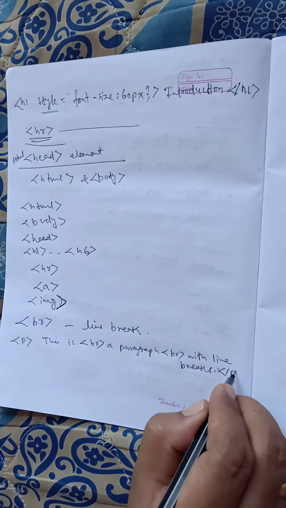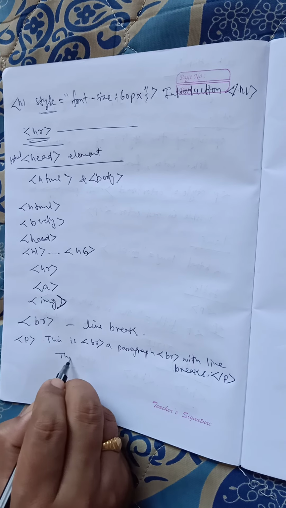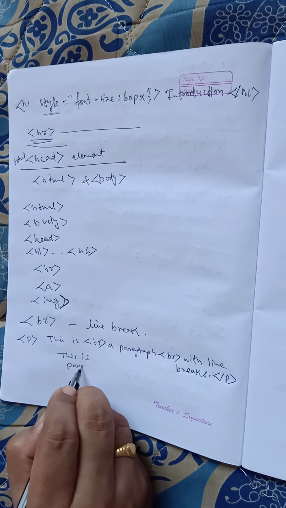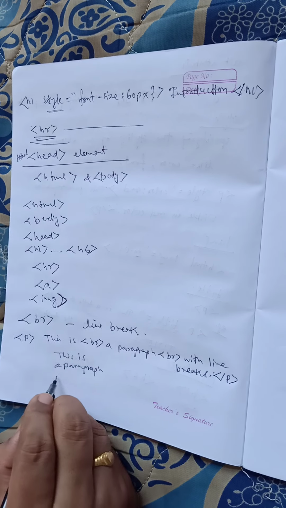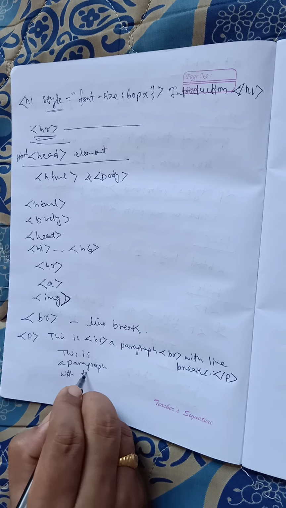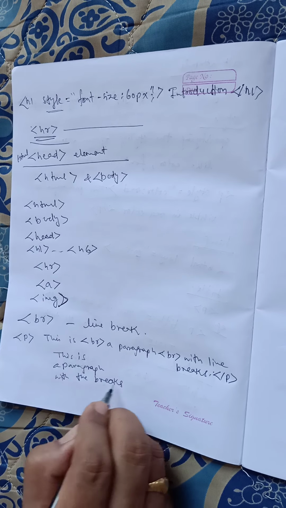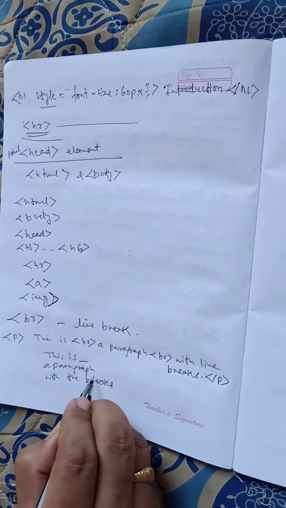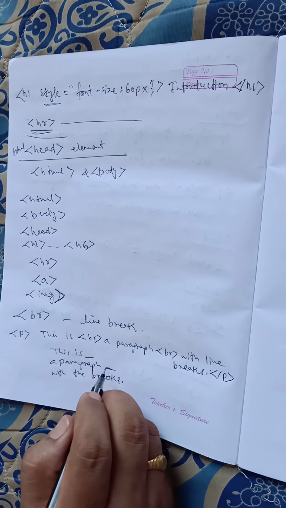Here my output will be, in the first line, this is, then a paragraph, then with the breaks. Here we have used a BR tag, here again we have used a BR tag, that is why we are getting 2 line breaks.